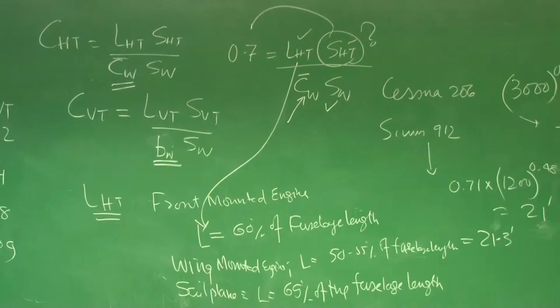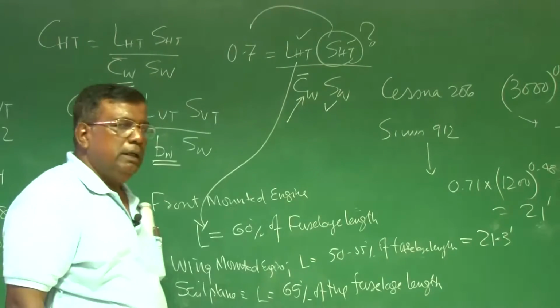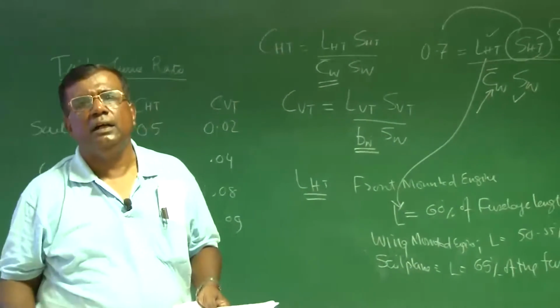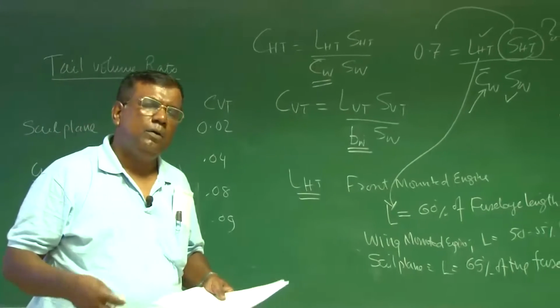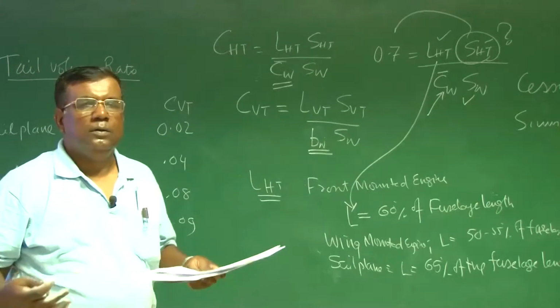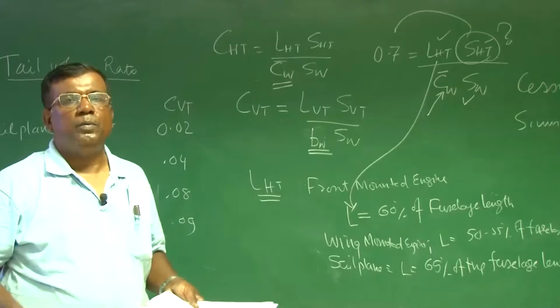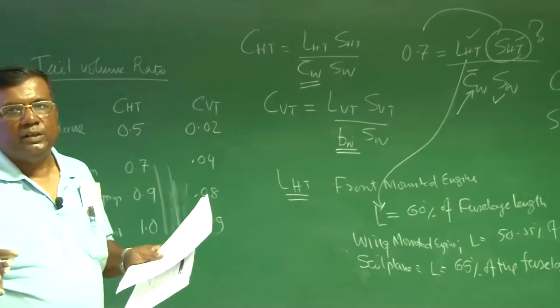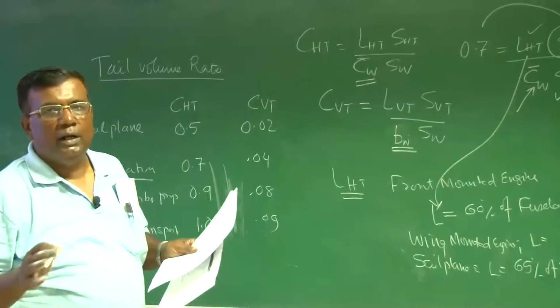Then what a designer does, whatever number it comes, he checks what is the percentage of this tail area compared to the whole wing area. So there is statistical data also. Is it 15%, 20%? Or is it only 4%, 2%? That also gives the designer a feel whether he is in the right direction or not. Right? We will be talking about that as well.